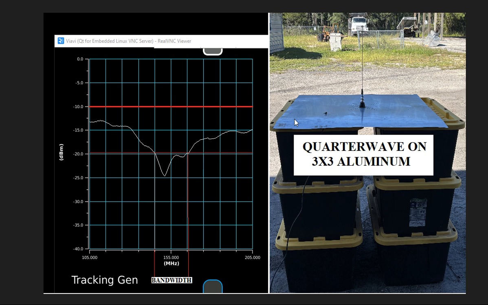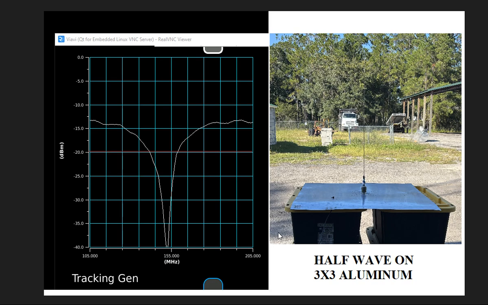So anyway, we're going to start off with quarter wave on 3x3 aluminum as our reference, and then we can go to the half wave on 3x3 aluminum. When you look at the half wave, you'll see a very similar bandwidth, but you're able to get a much sharper notch on your return loss.